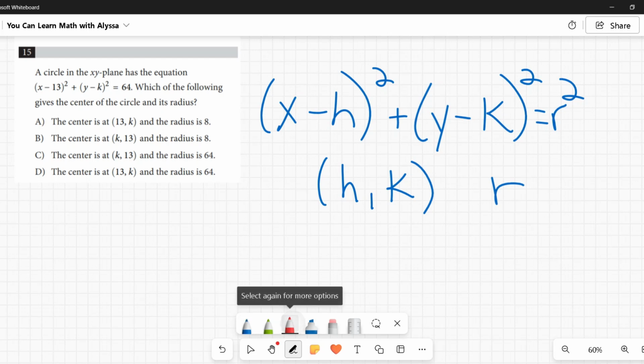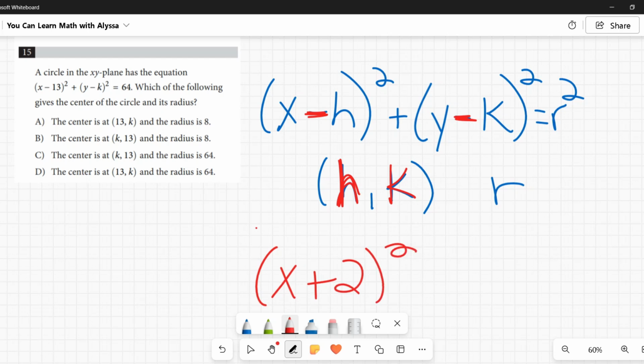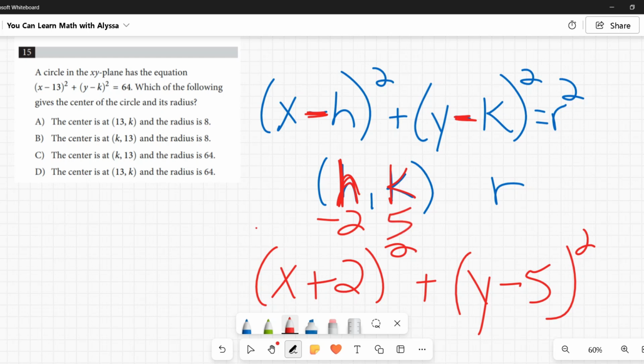So if you notice here, it's minus h, but the center is just h, and here it's minus k, but the center is just k. So it's always the opposite. So if this were (x plus 2) squared, that h would be negative 2. (y minus 5) squared, k would be 5. So it's the opposite of it.